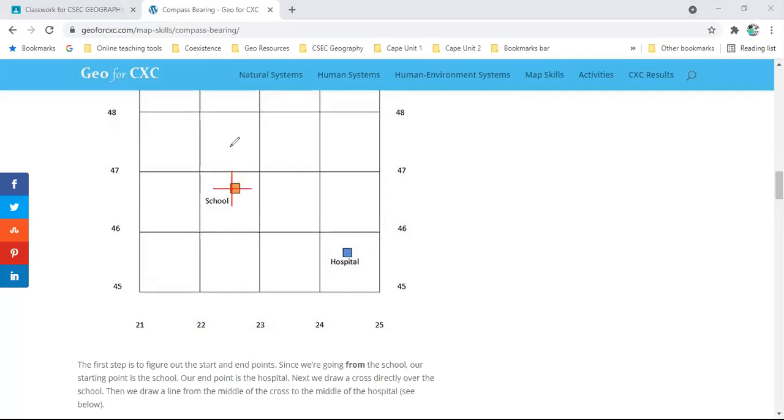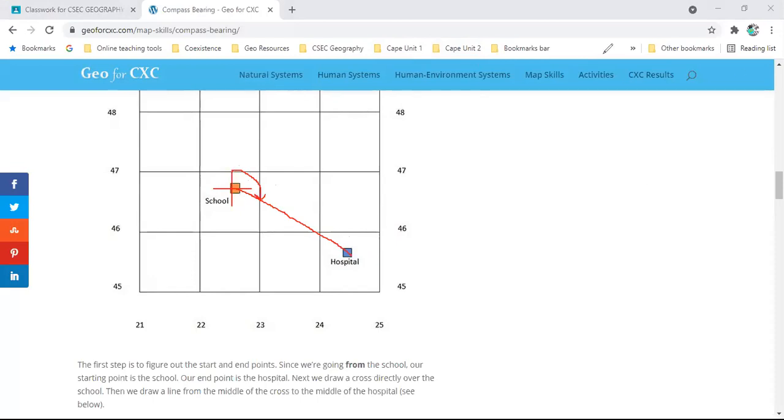You find the direction of the hospital. Then you connect your point to the hospital. Therefore, the angle that you are locating is this angle here. Everybody understand that? So what do you do?